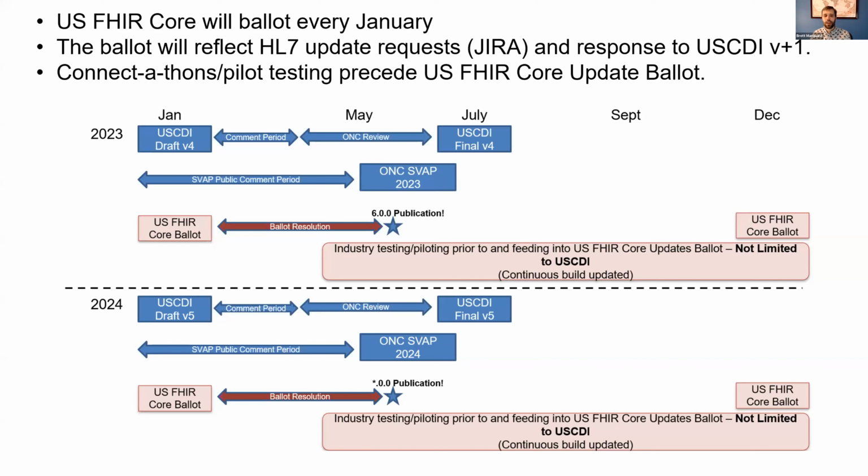The feedback comes in, and then we go through reconciliation, responding to every single comment in a public forum with formal voting and process. It's a lot of fun. Then the formal publication is in late May or June, which has conveniently lined up nicely with ONC's SVAP process. So that's a high-level timeline.